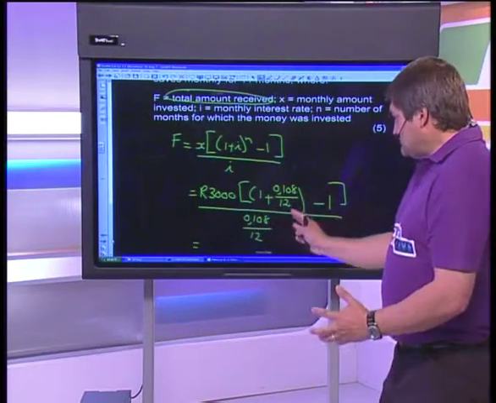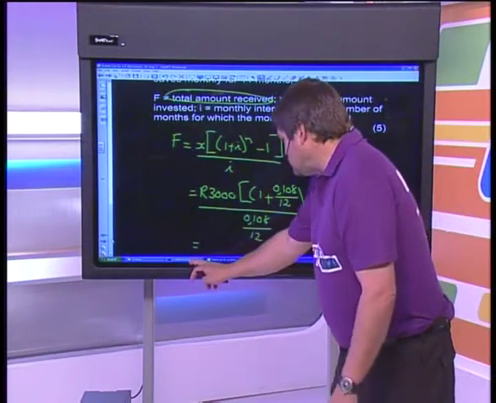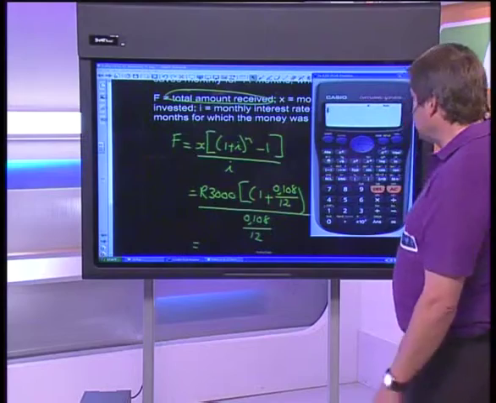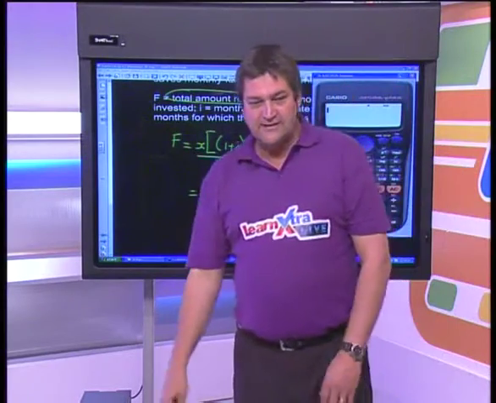So we've put all these figures in, and now what we're going to do is type it into our calculator. Now, guys, if you have a good old Sharp or Casio, or a calculator that has a fraction button, then this stuff is straightforward because you type it the way you see it. Let me give you a little hint here. If you don't have a calculator that has that fraction button, what do I mean by that?